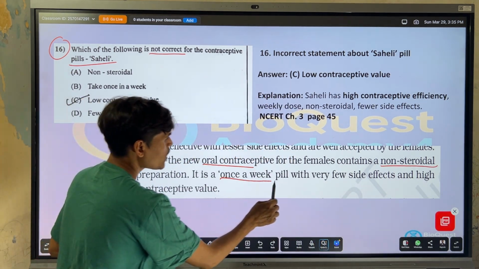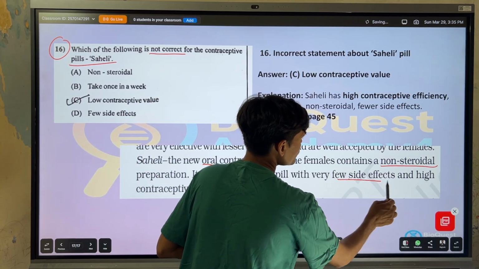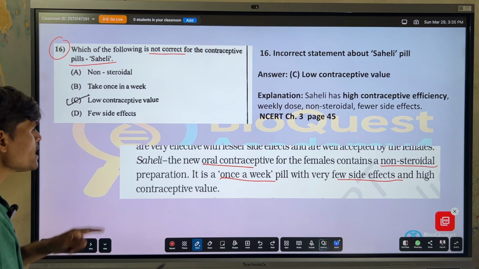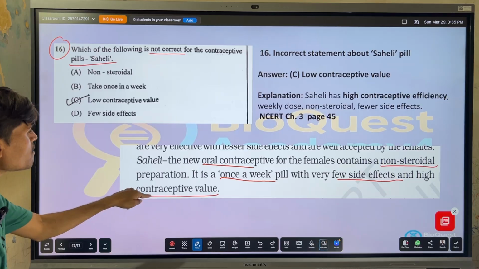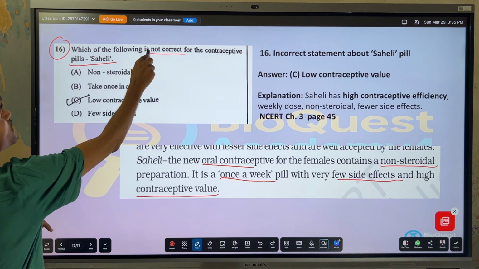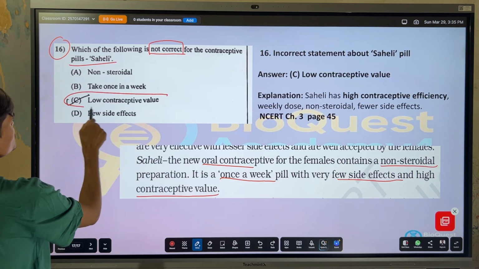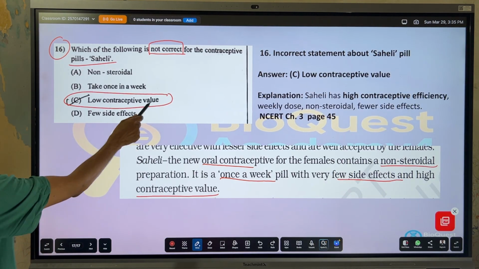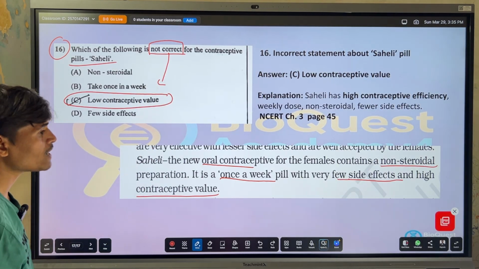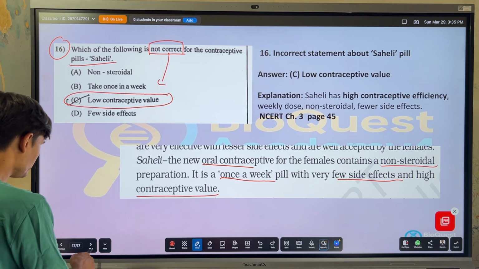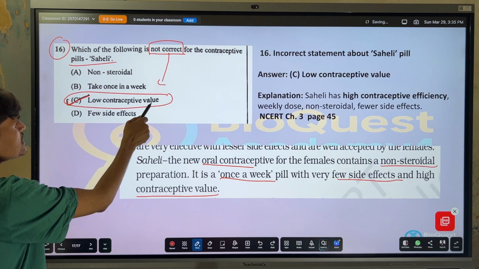It is a once a week pill with very few side effects and has a high contraceptive value. And we have to answer what is not correct. So option C says low contraceptive value, but actually it is a high contraceptive value pill. So answer is C, low contraceptive value.